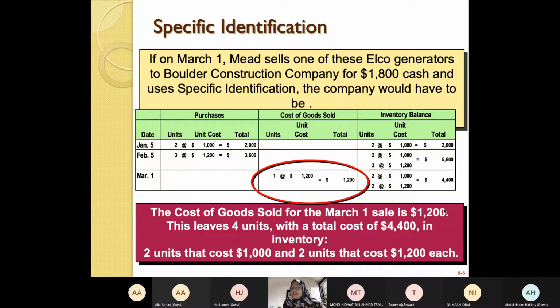Just like when you sell a motor vehicle, you must be very specific which motor vehicle you sell, because the price of each motor vehicle, especially a second-hand car, is not the same, the cost is not the same. So it has to be very specific which one you sell, so that you know at the end what is the balance of your inventory. Does that make sense?